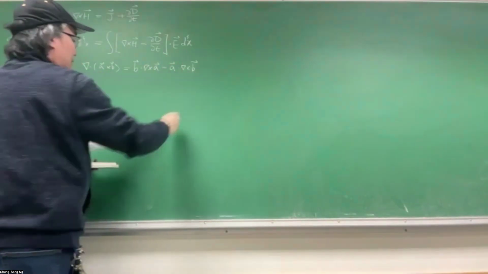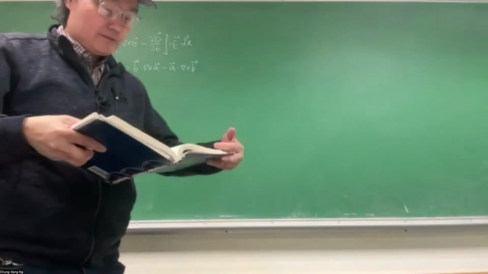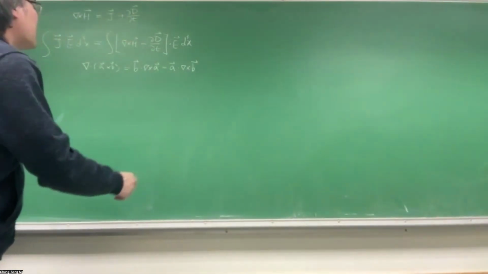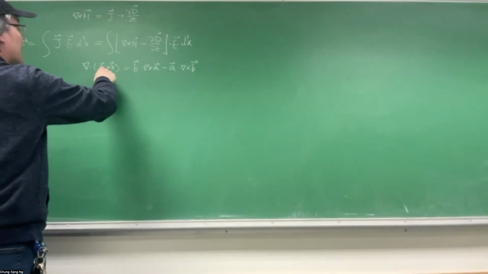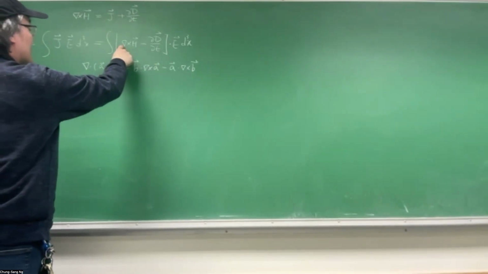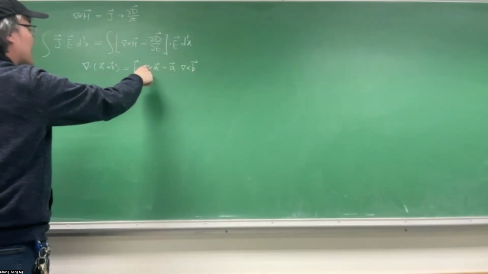So this is just the vector identity that applies to any vector. So you just apply it here. So you want your curl H dot E. So it's like this one.